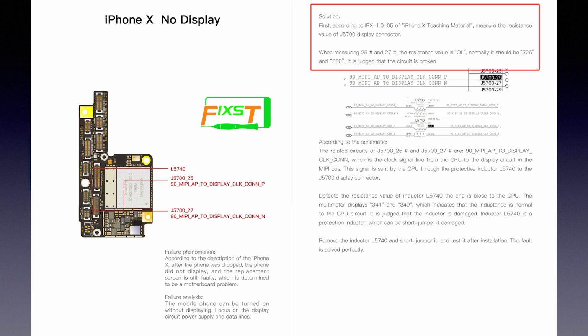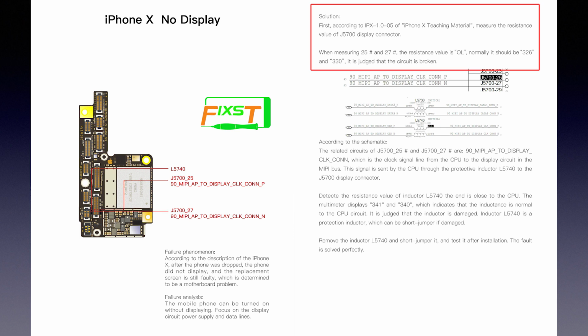Solution. First, according to iPhone X 1.0 version, page 5 of iPhone X testing material, measure the resistance value of J5700 display connector. When measuring pin 25 and 27, the resistance value is OL. Normally it should be 326 and 330.